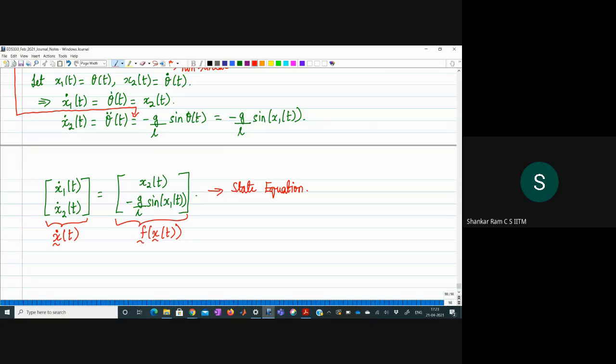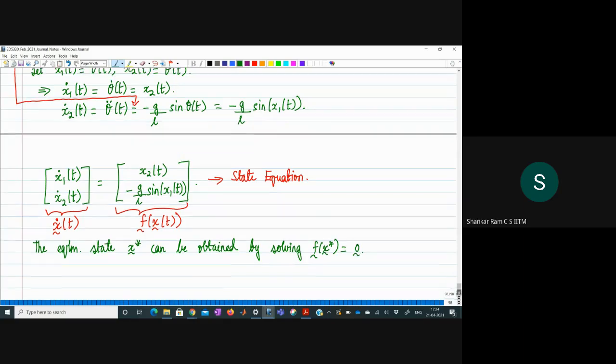Okay, so now let's see what happens, right? If we now want to look at the equilibrium state, the equilibrium state x star can be obtained by solving f of x star equal to 0.